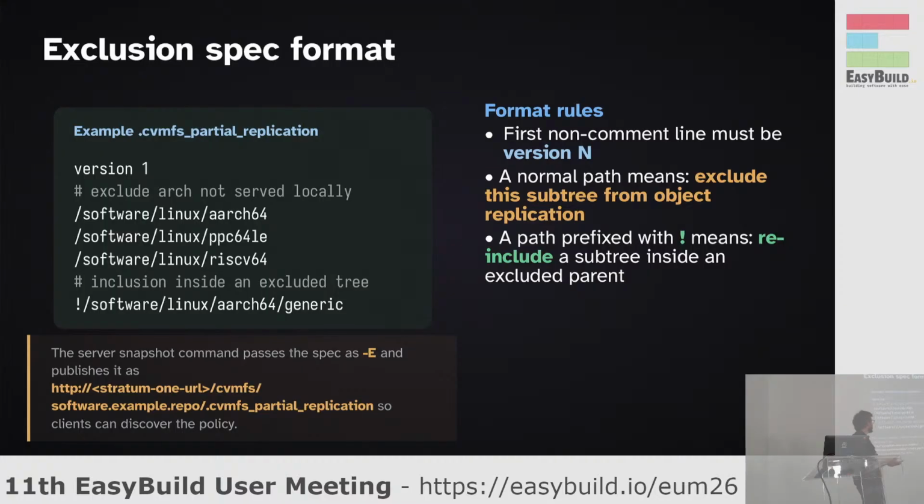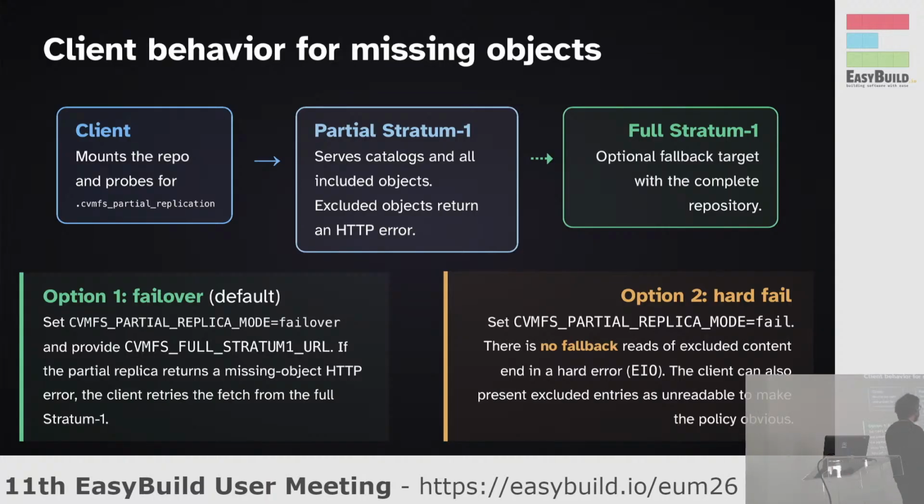There's actually one more thing. When you have a partially replicated repository and you point your clients to this, there is the question of what happens if a client wants to access stuff that has not been replicated here. My first idea was to provide two modes.